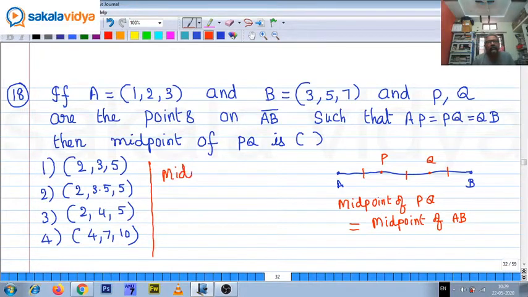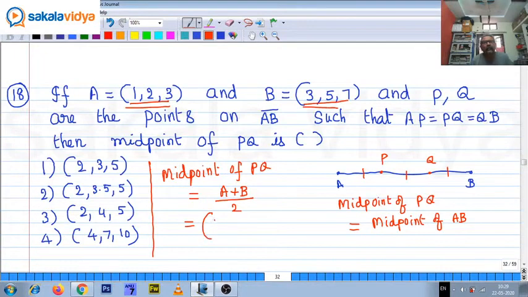So that means the midpoint of PQ equals A plus B by 2. So we get 3 plus 1, 4 by 2, 7 by 2, 10 by 2.